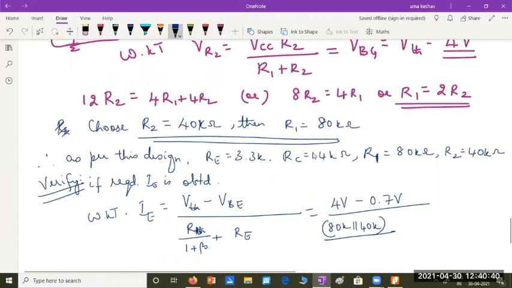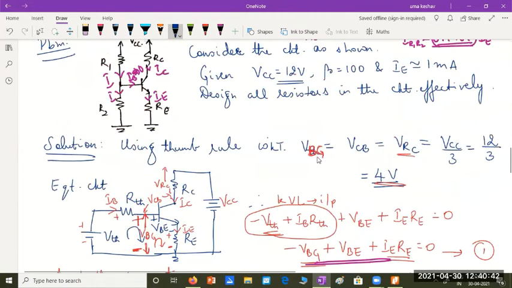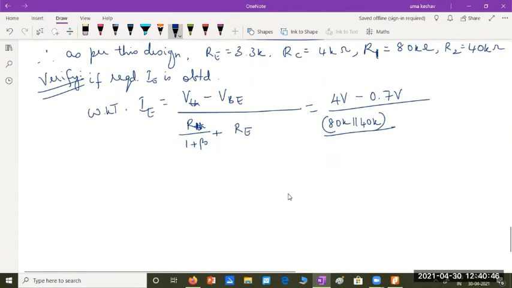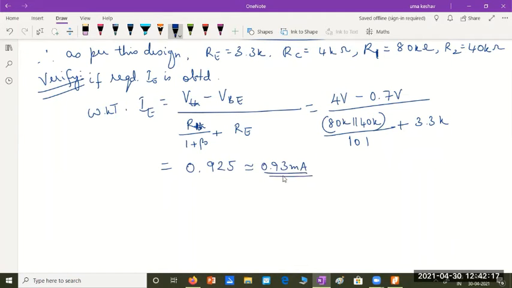I think beta was given as 100, right? Yeah, beta is 100. So you substitute this as 101 and RE we got as 3.3K. Can you check how much this is? I'm getting 0.925. Approximately 0.93 milliampere is what I got just now when I calculated.